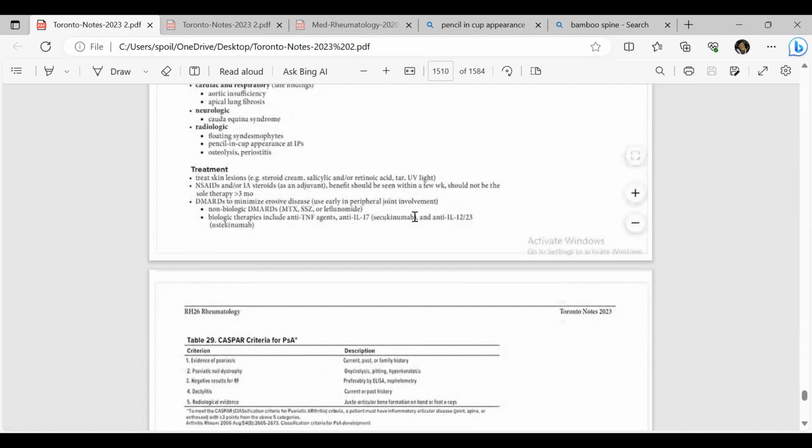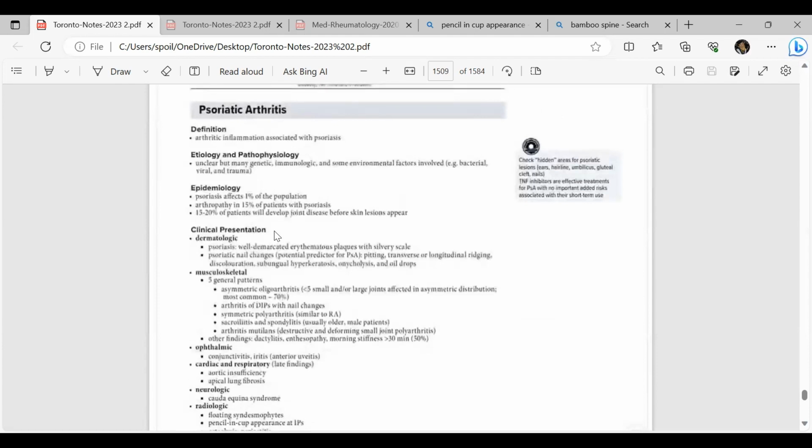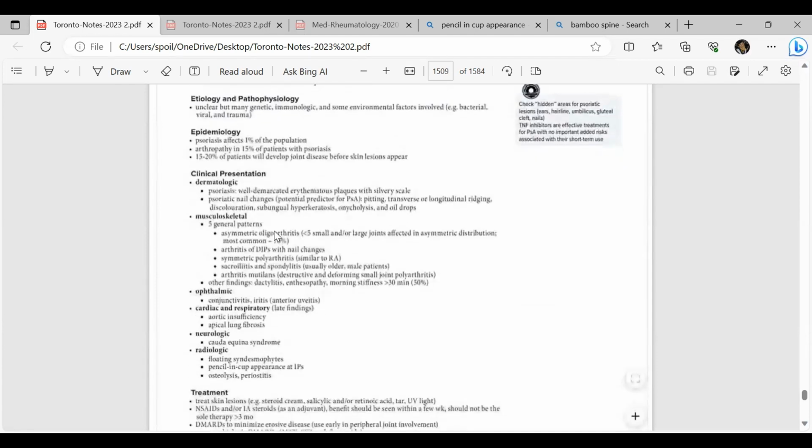Use DMARDs early in peripheral joint involvement. Non-biological DMARDs are methotrexate, sulfasalazine, and leflunomide. Biological therapies include anti-TNF agents, anti-IL-17 and anti-IL-12/23.